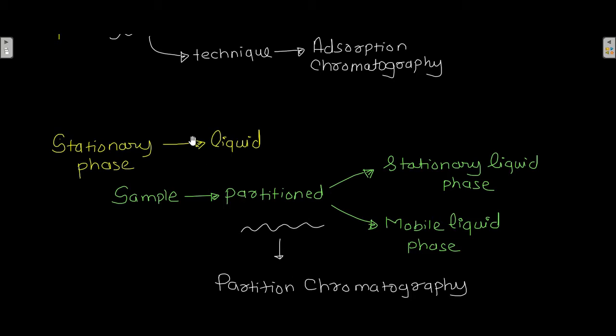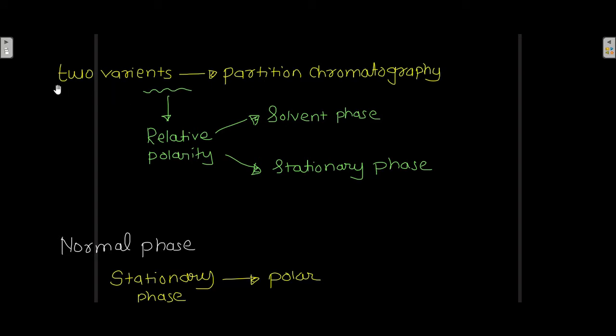So, if the stationary phase is solid, then it is adsorption chromatography, and if the stationary phase is liquid, then it is partition chromatography. Now, there are two variants of this partition chromatography, and those two variants are classified on the basis of the relative polarity of the solvent phase and the stationary phase.